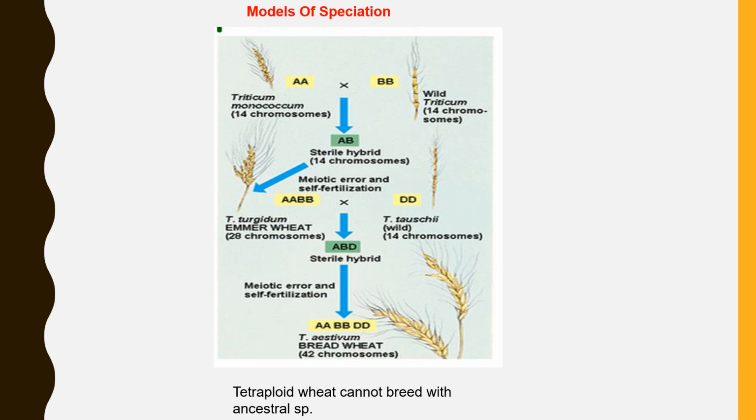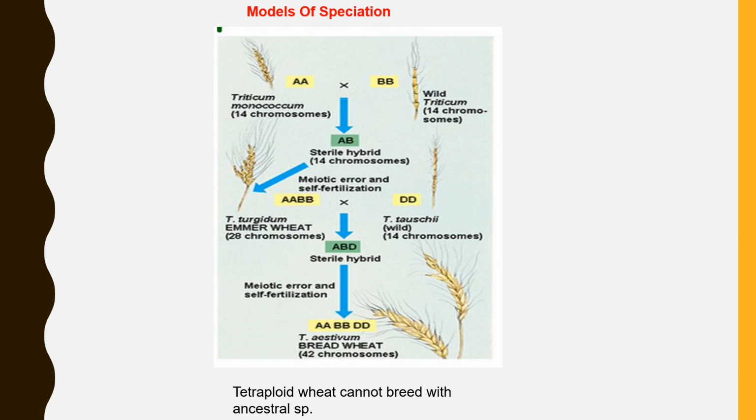The best example of speciation by means of hybridization and polyploidy is seen in plants, in the evolution of modern wheat, Triticum aestivum. Triticum aestivum has three sets of genomes, A, B and D, that it has derived from ancestral species.